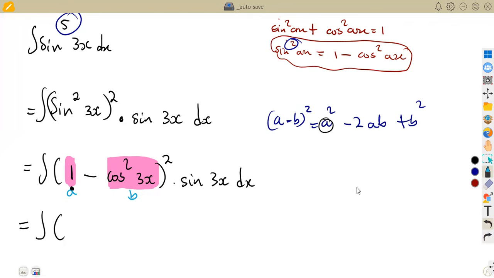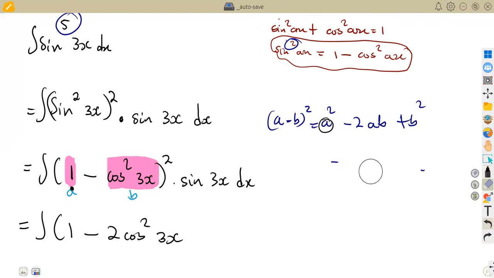So this is a squared. Our a is 1, so 1 squared is 1. Minus 2ab, so minus 2 times a, our a is 1, times b, our b is cos squared 3x. So this will be minus 2 cos squared 3x.